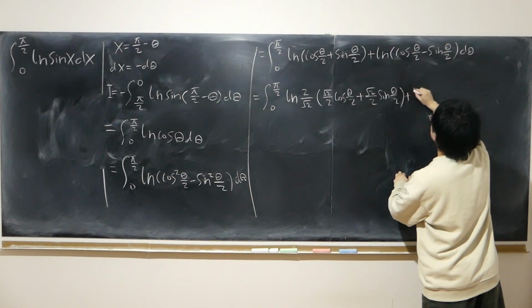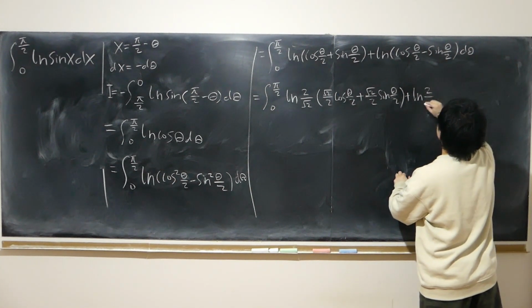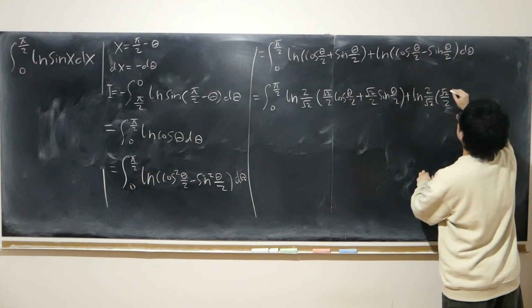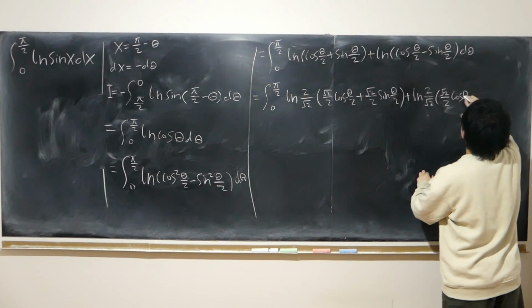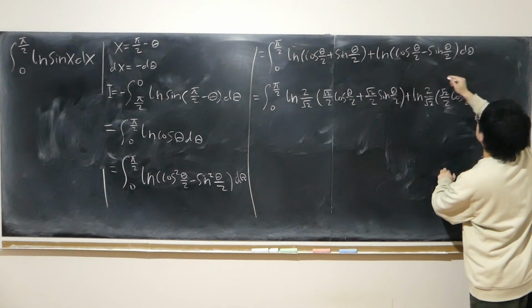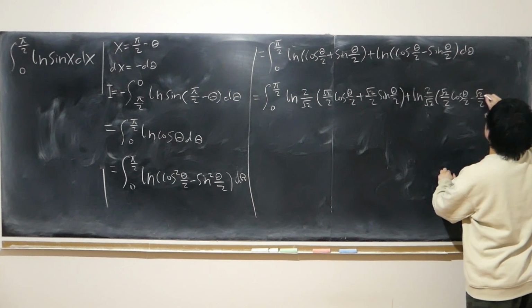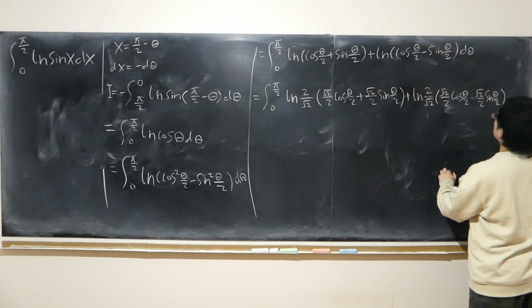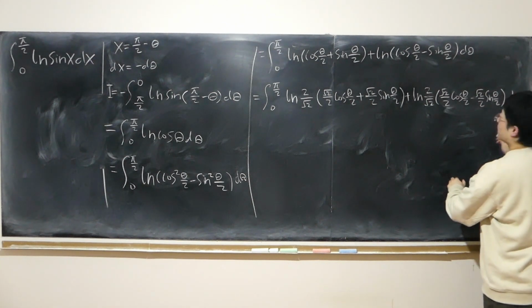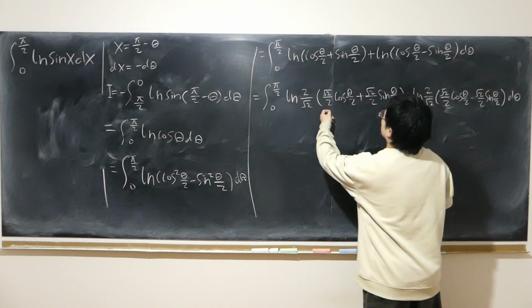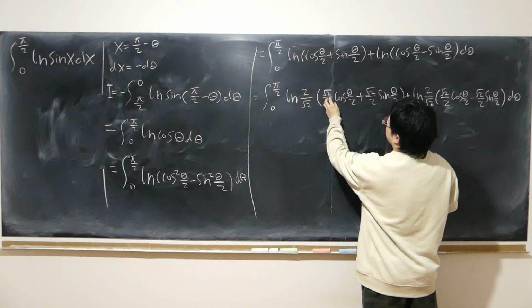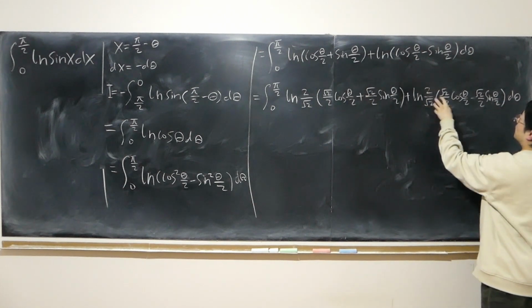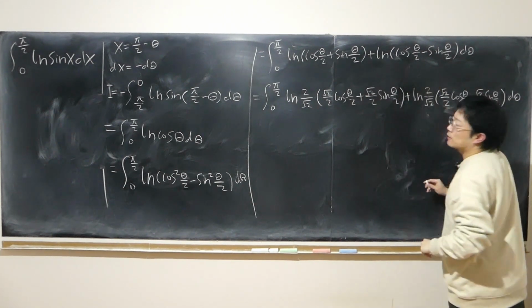Likewise, this is log 2 over square root of 2 times half of square root of 2 times cosine minus half of square root of 2 times sine d theta. This is because this is its reciprocal. This times that still 1. This times that still 1. Likewise, this. So it's the same thing.